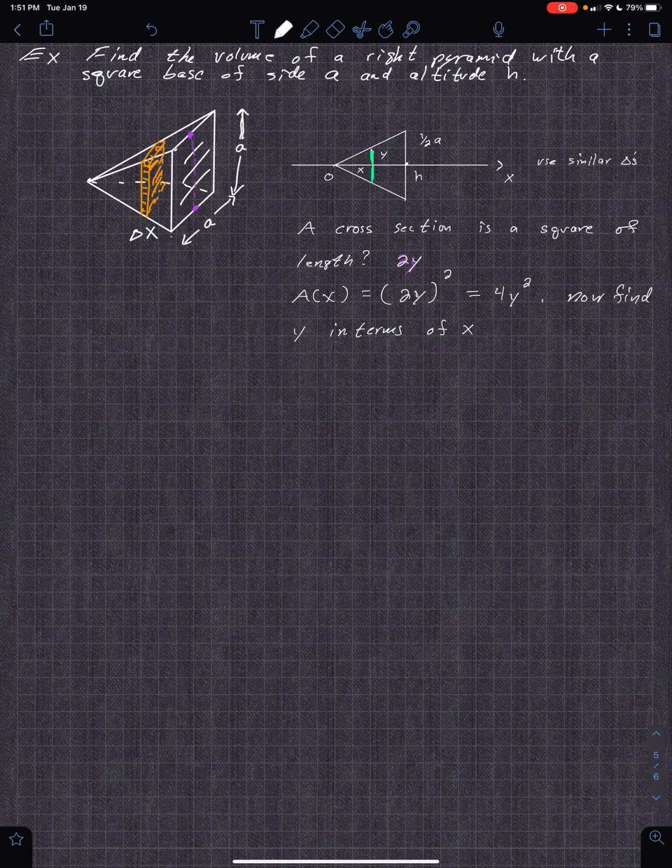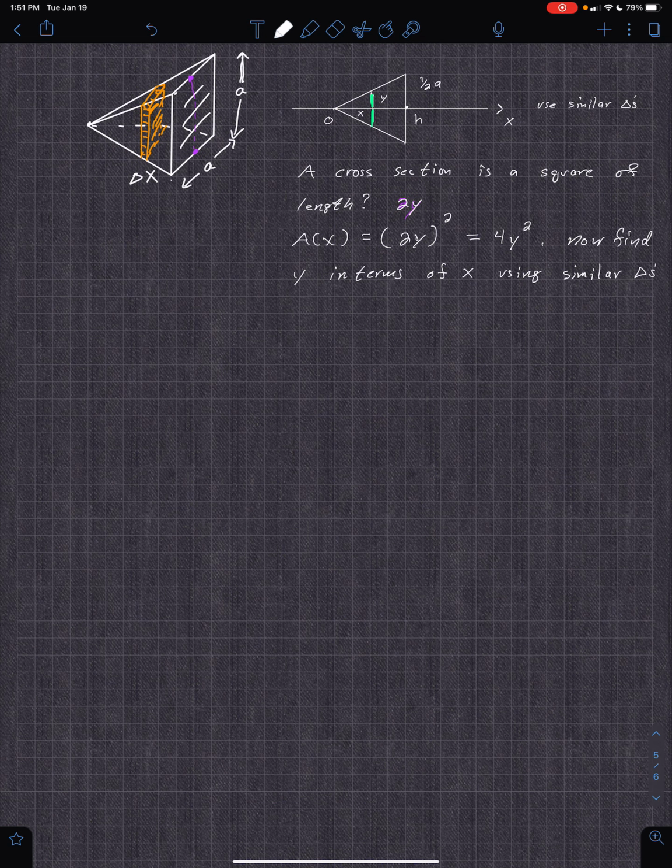That's what that triangle above is going to allow us to do using similar triangles. So using similar triangles above, we can say y is to x as what is to what? As 1/2 a is to h. And then solve for y.